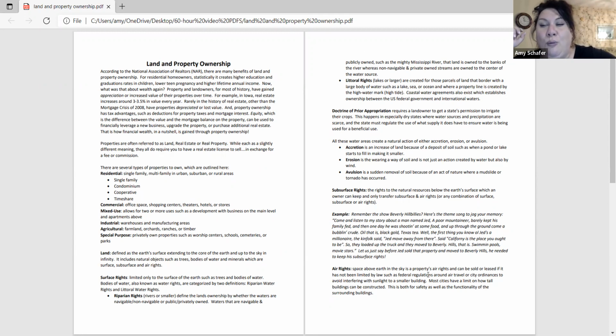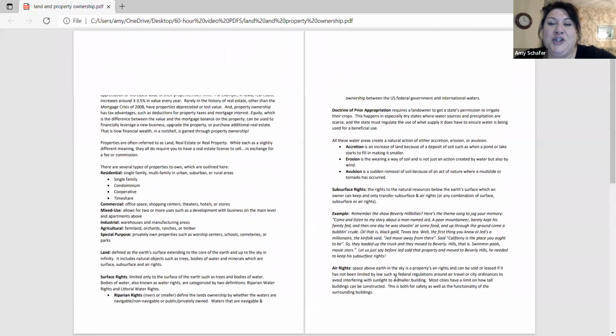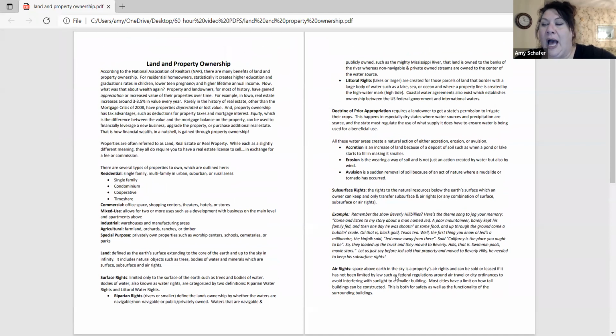For those of you who might be familiar with Ottumwa, Iowa, this is an interesting one about air rights that I've learned. There is a little restaurant called Canteen in the Alley. And if you've not been there, I recommend it. It's very interesting.